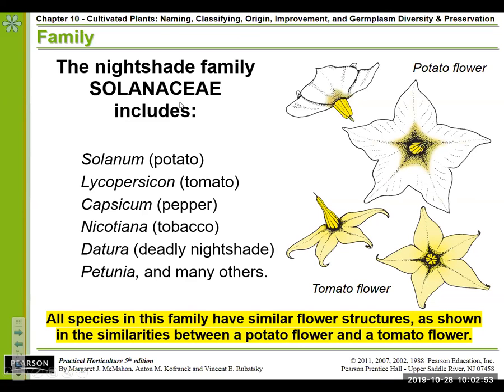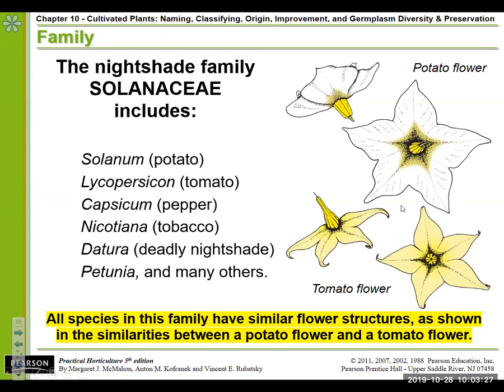So the nightshade family, for instance, the Solanaceae, includes these genera: Solanum, the potato; Capsicum, the pepper. In Solanum, there's also the eggplant. Some botanists also put tomato in there. Other botanists put Lycopersicon as the tomato genus. Nicotiana is tobacco. Datura is a deadly nightshade.